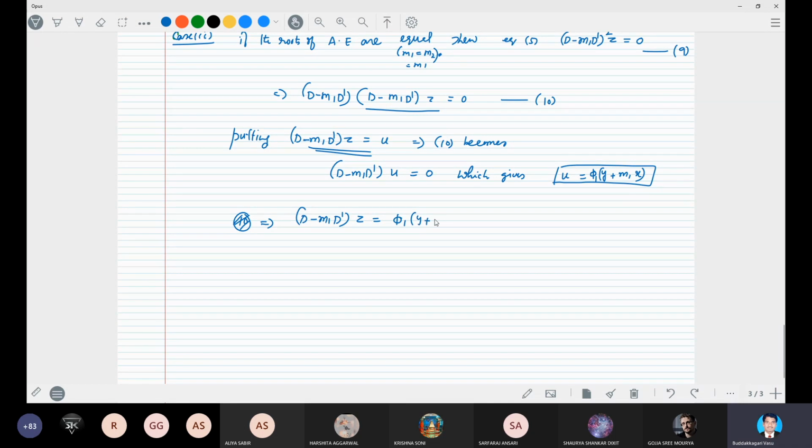Phi 1 of (y plus m1x), right? Because putting this equal to u, the equation takes this form: (D minus m1 D dash) into u is equal to 0, whose solution is u is equal to phi 1 of (y plus m1x). Now we substitute u into this and solve the whole equation, (D minus m1 D dash) into z is equal to u. That is what we are writing here, right?